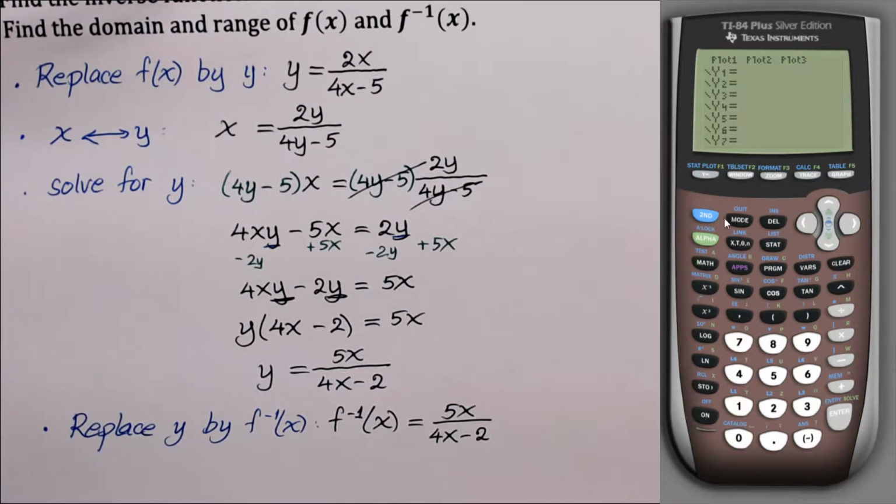So if I graph 2x divided by 4x minus 5, we see the graph.